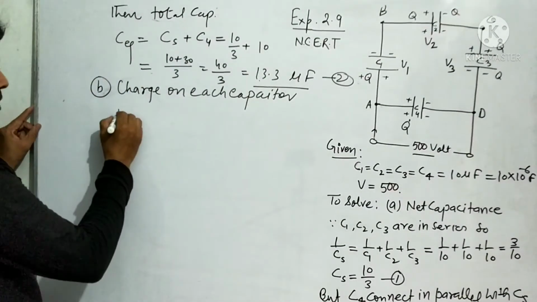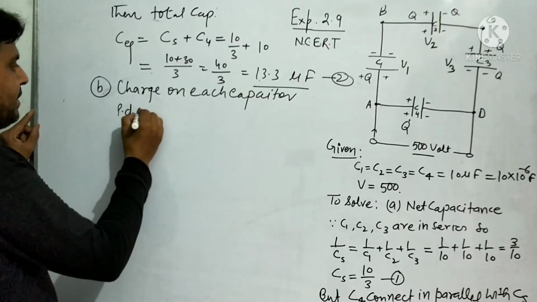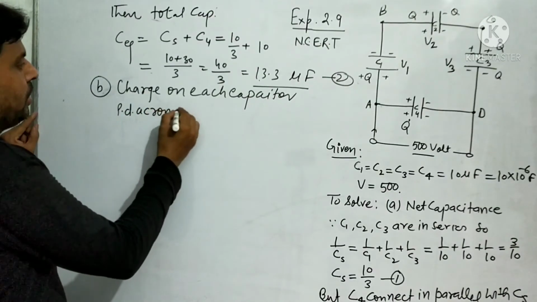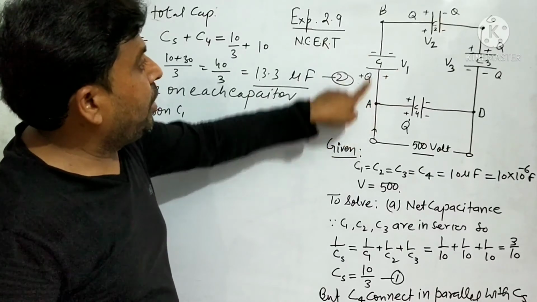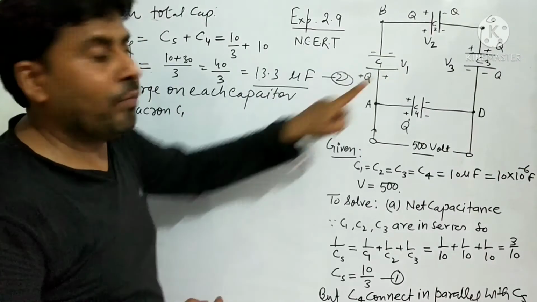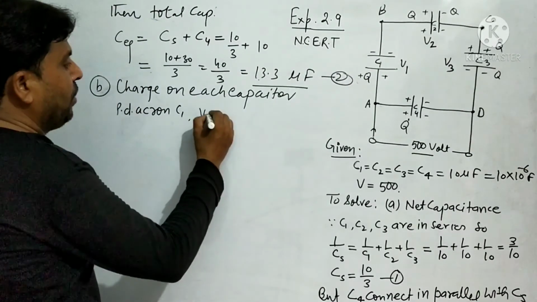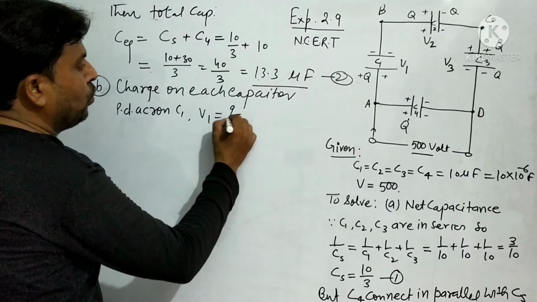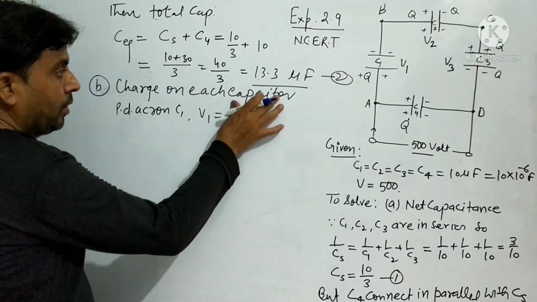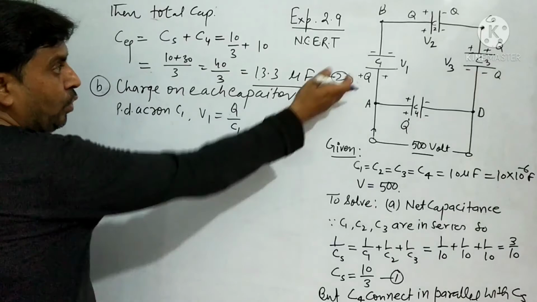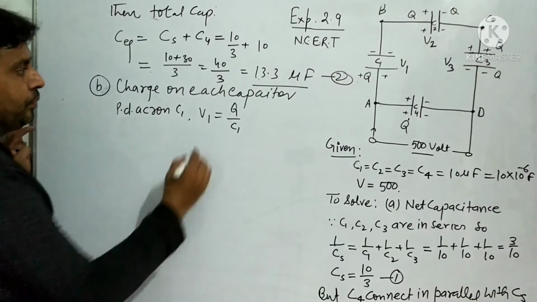Potential difference across C1. C1 is that A to B. How much is here? V1. V1 equal to Q over C1. Charge remains same, that is capital Q here.